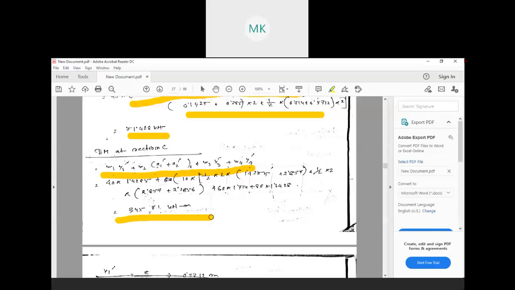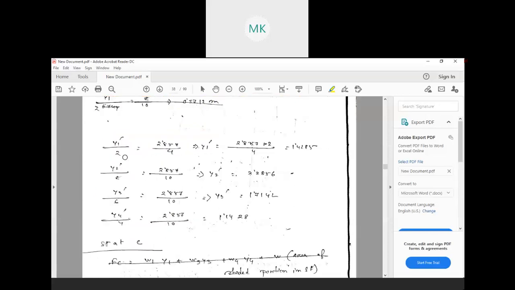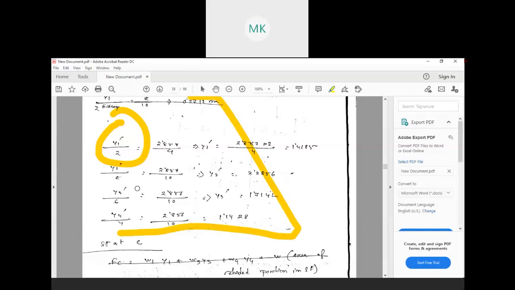Just put all the values and find the value. Here you see it is showing how we found this y1 dash, y2 dash, y3 dash, y4 dash. How we need to find these things is shown here.